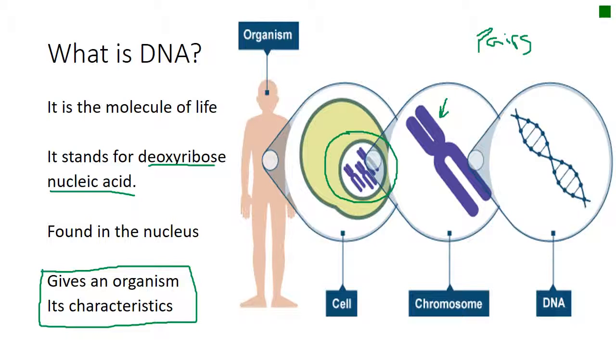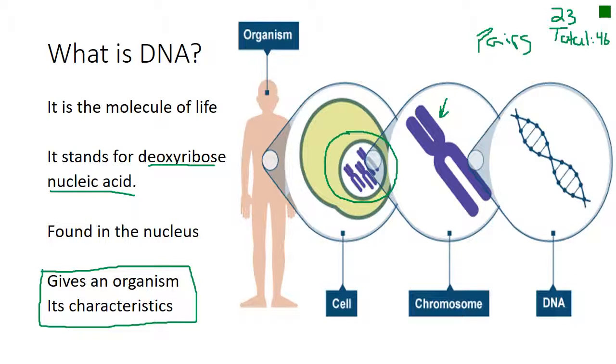So for example, a human being is going to have 23 pairs of chromosomes. So if we have 23 pairs of chromosomes as human beings, how many total chromosomes do we have? Okay, so if you thought to yourself that we have a total of 46 chromosomes, right? You're right.